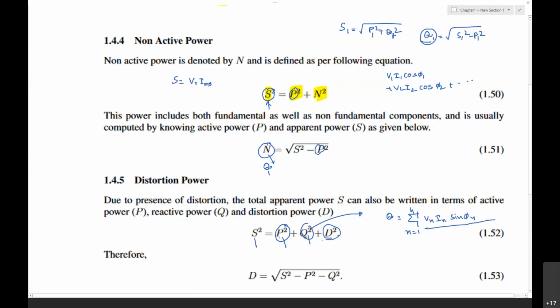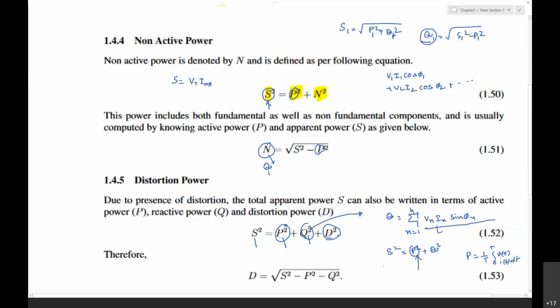Okay. If you take S square, P square and Q square and find it out, the real power, one of the equations was P is equal to 1 by T, integral from 0 to T, v of t into i of t dt, we can find out the average power.